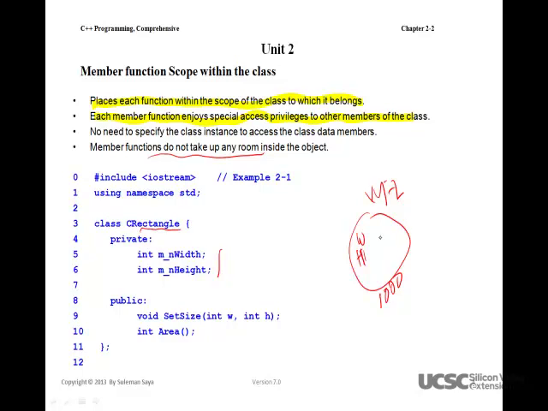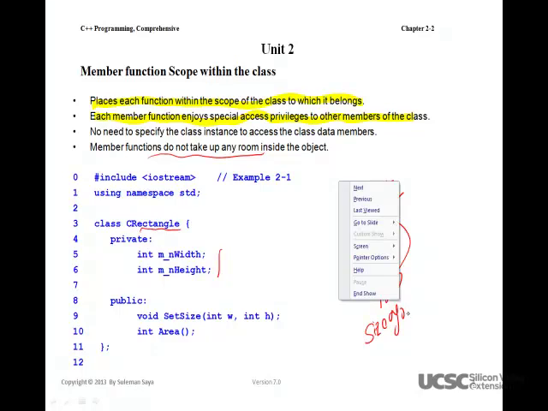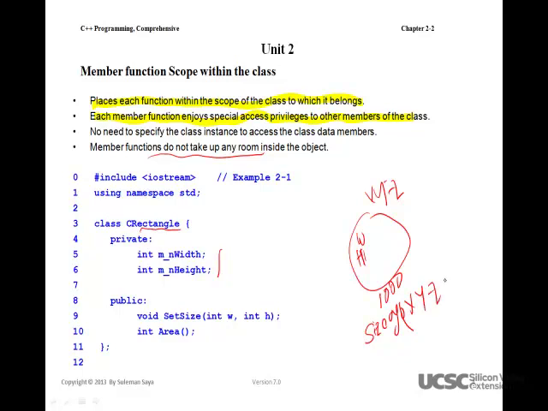But the main thing to understand is that this object will be of size 4 bytes. When you use the sizeof operator on XYZ, it will return 4 bytes.